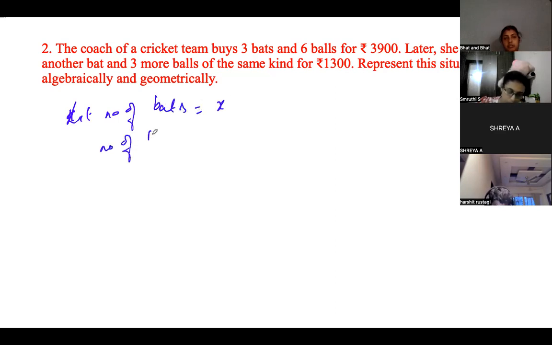In the same way, number of balls will be equal to y.